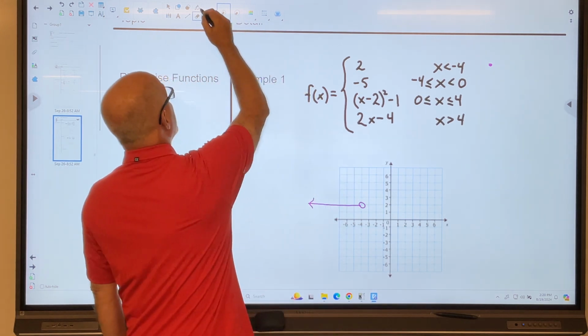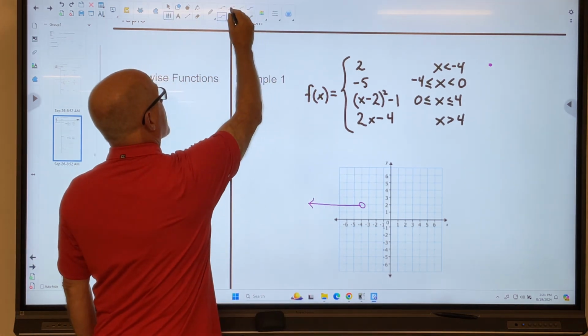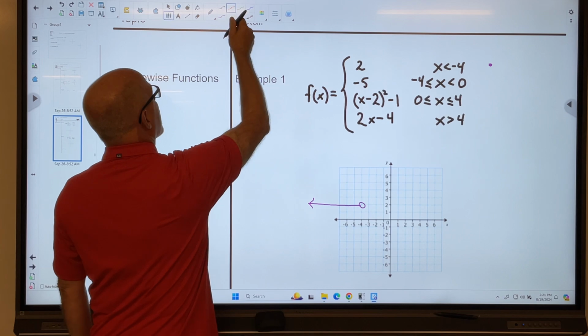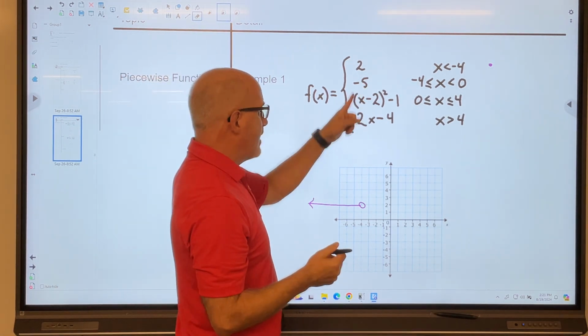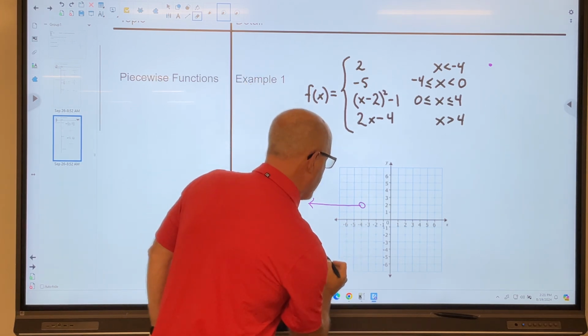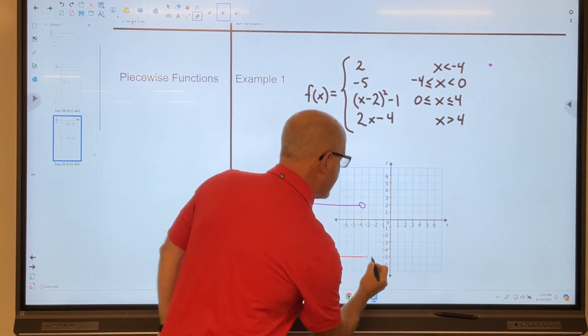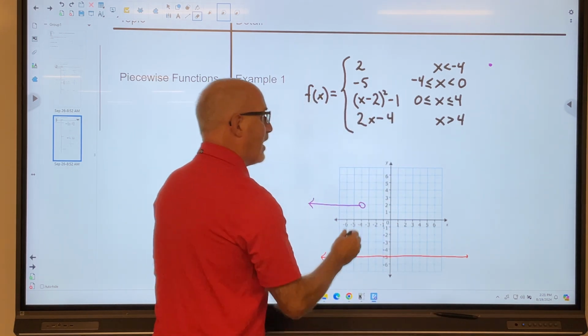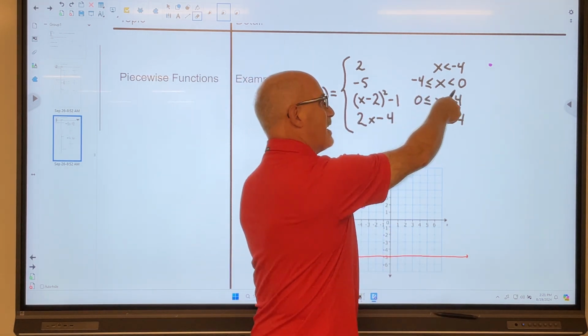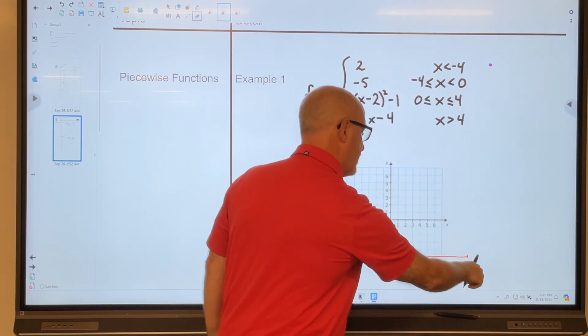So now let's go ahead and do red next. On this one, a graph of y equals negative 5 would look like this, straight across at negative 5. Now this is saying, let's stop it at 0, not including the 0.